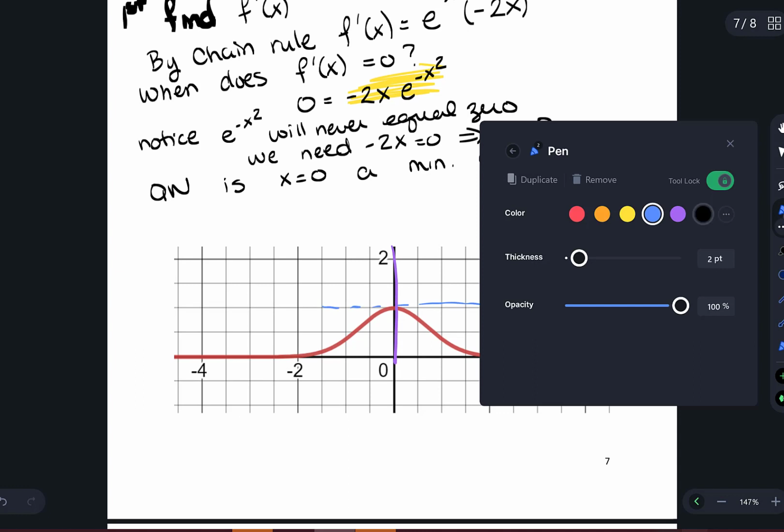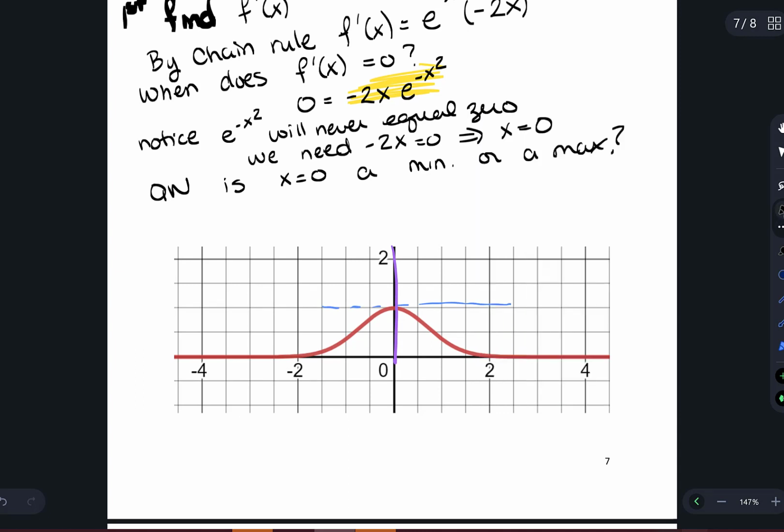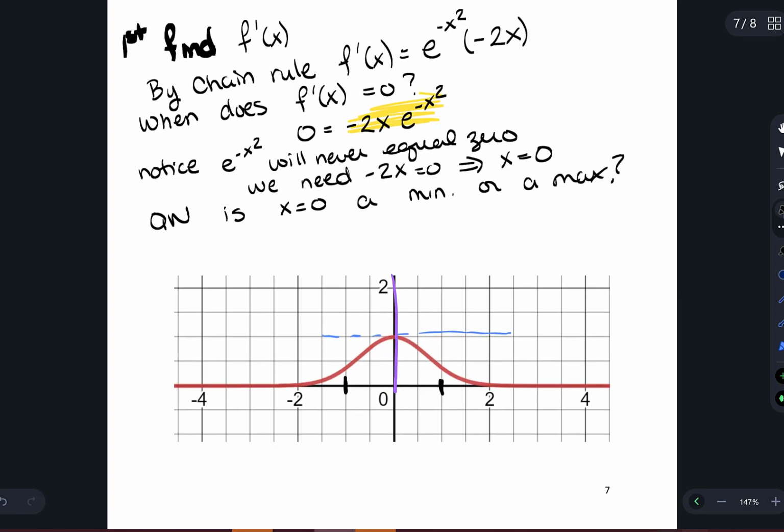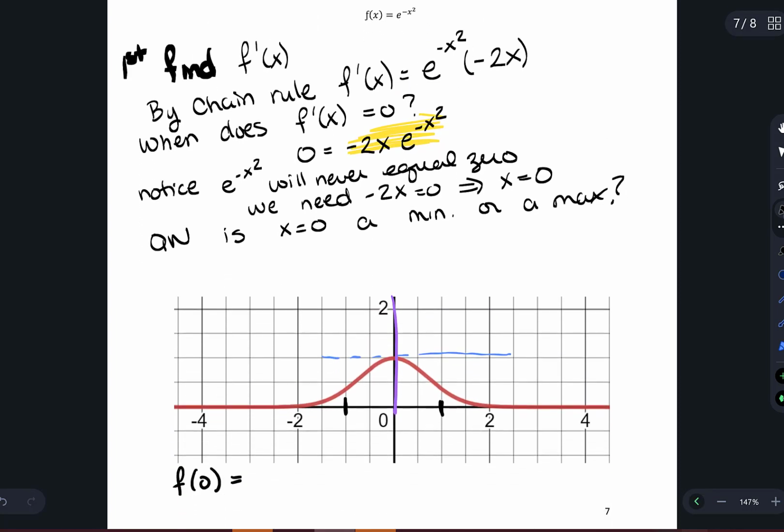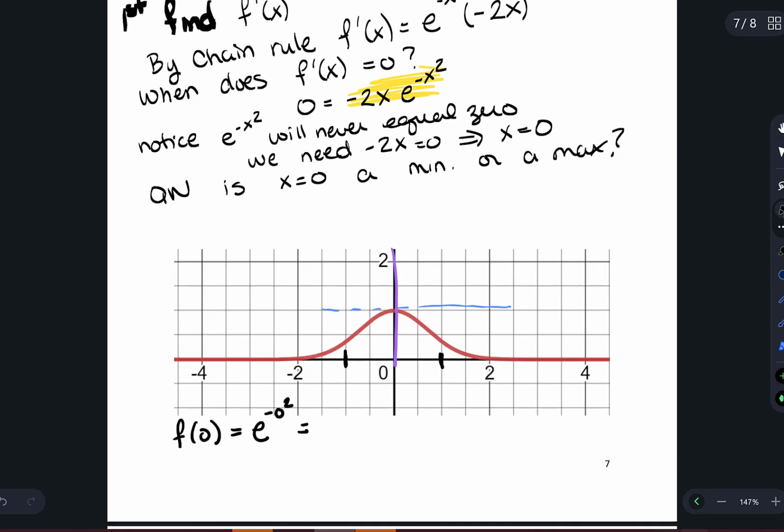Again, the other way that we could have checked this is we could have evaluated at 2 points that were close to 0, for example at 1 and at negative 1. Notice that f at 0 is equal to e to the negative 0 squared, and we know that any number to the power of 0 is equal to 1.